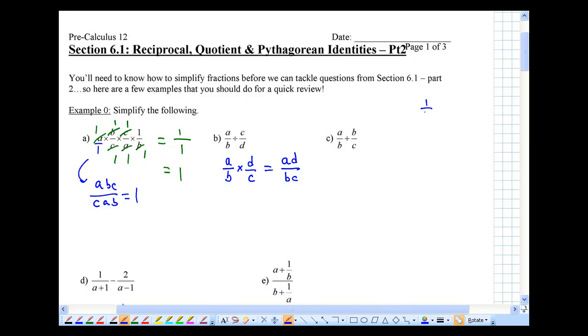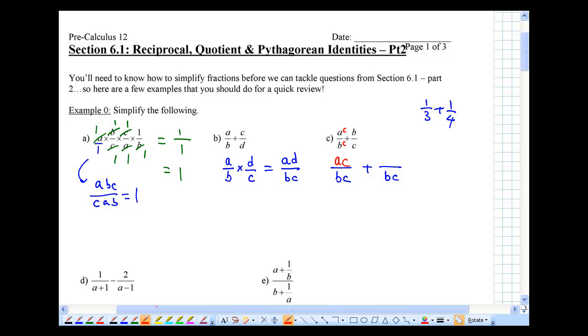Part C, notice that the denominators are different. That's like me saying 1/3 plus 1/4. When they're different, we must find the lowest common denominator, and in this case the denominator would be b times c. For the fraction on the left, I'm missing the factor of c, so I multiply both the top and the bottom by c.